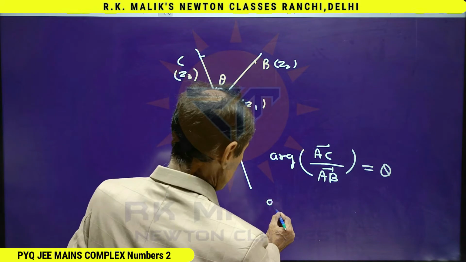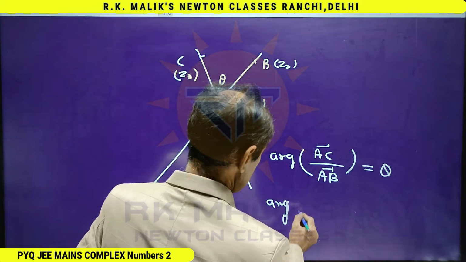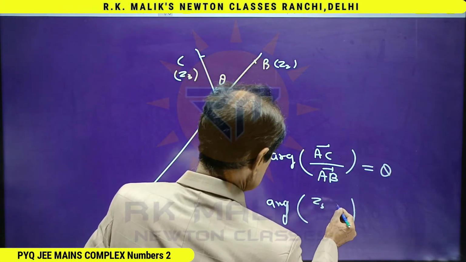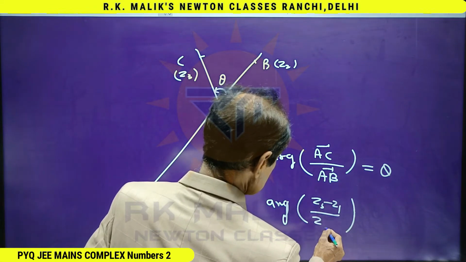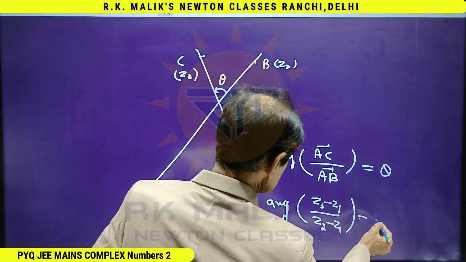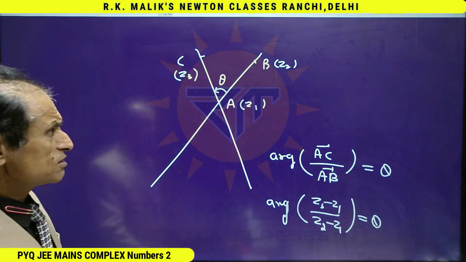That is, you can say the argument of z3 minus z1 upon z2 minus z1 is theta, this angle.